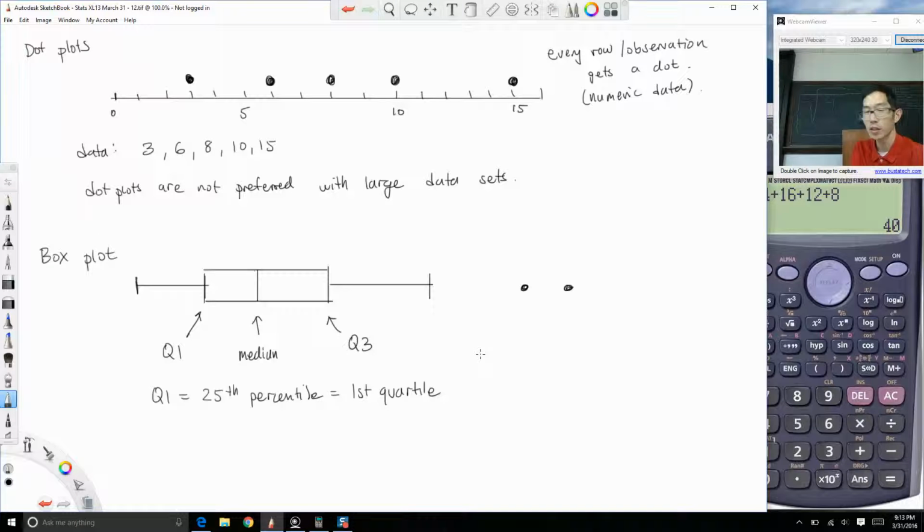Are you familiar with the concept of percentiles? The 25th percentile means 25% of observations have values smaller than Q1.